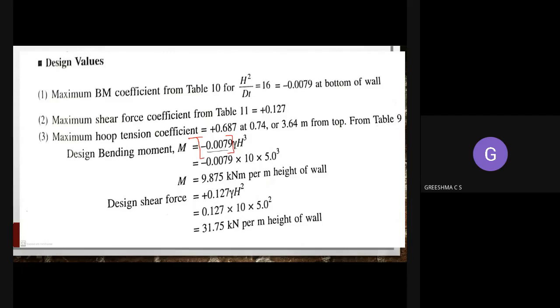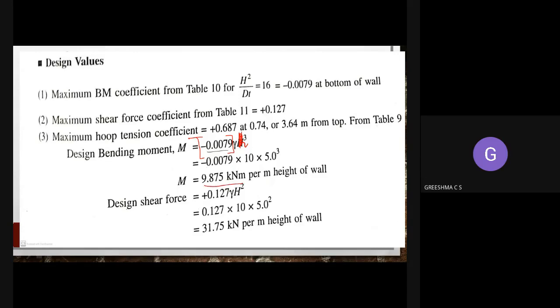Gamma means unit weight of water, that is 10. h is 5. Here it is the height of the water. This is small h, that is, the height of water. Substitute it and you will get the value.